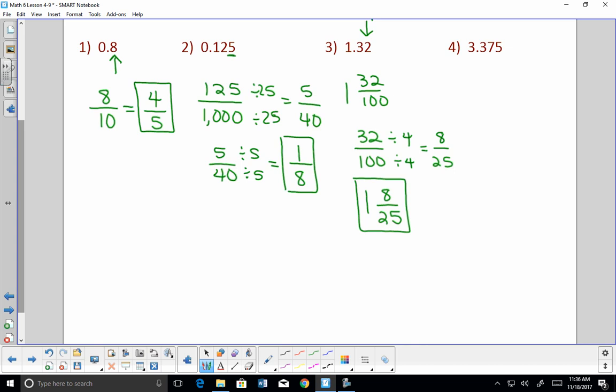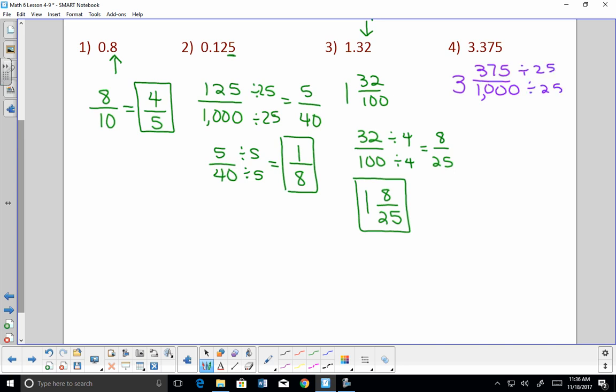3.375. That means this is 3 and 375 thousandths, because 0.375 is 375 thousandths. So now I need to reduce this. I know it's divisible by at least 25, because 25 is a nice number to divide most things by.